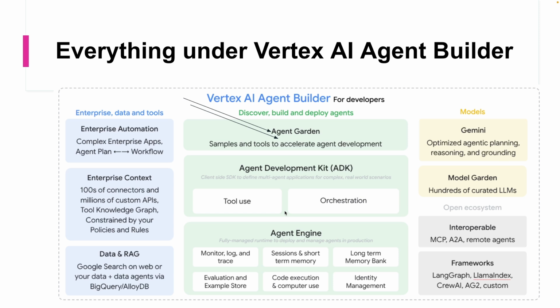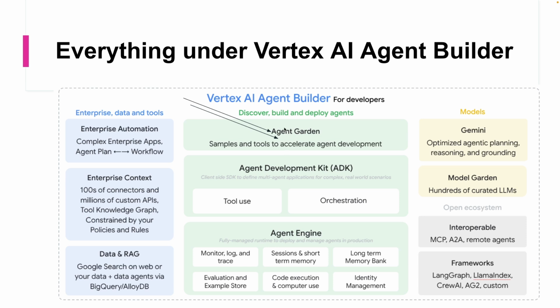So this is the picture that I wanted to show you, that everything is under Vertex AI Agent Builder. Vertex AI Agent Builder is a suite of features for building and deploying your AI agents, and it consists of these components. You can see you have an Agent Garden. Agent Garden is a library where you can find and explore sample agents, right?